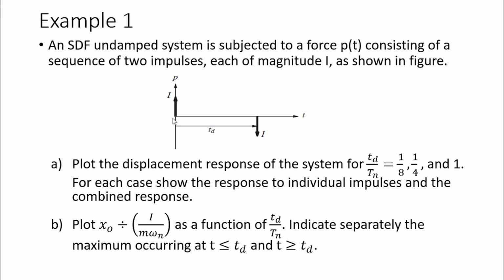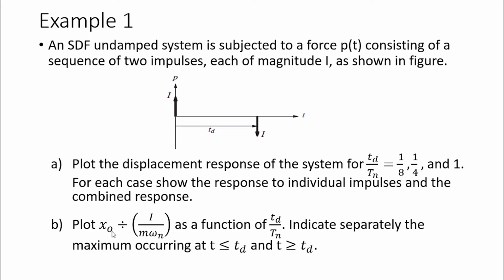At t equal to 0, we have one impulse in the positive direction with magnitude I. Then after a duration td, there's another impulse, minus I. And we need to plot the displacement response of the system for various values of td by tn. And for each case, show the response to individual impulses and the combined response. So we need to find the response due to each of these impulses and then the combined response.